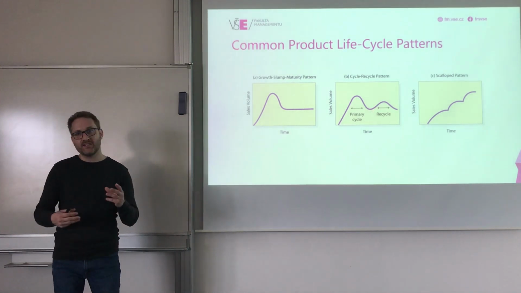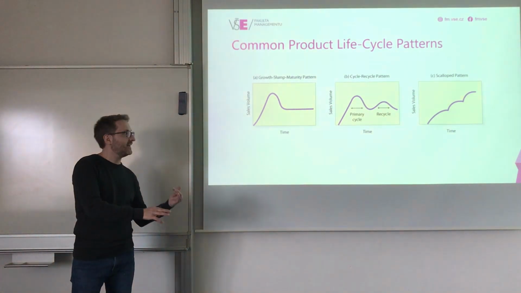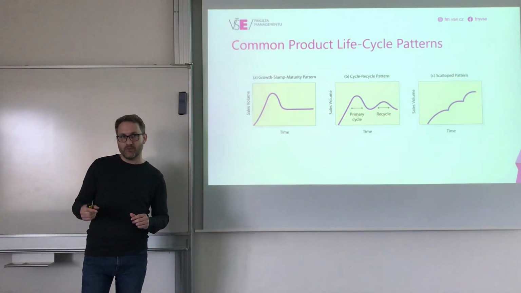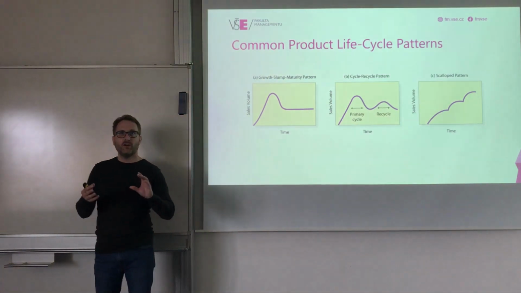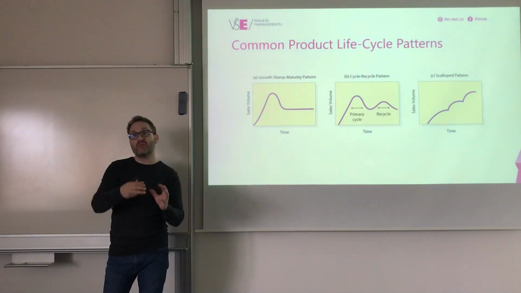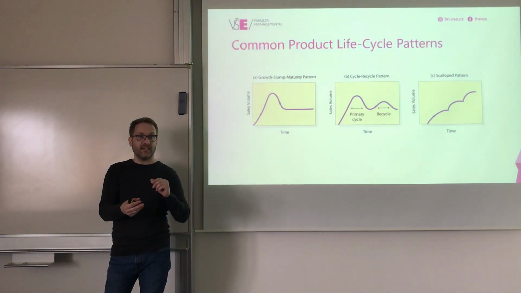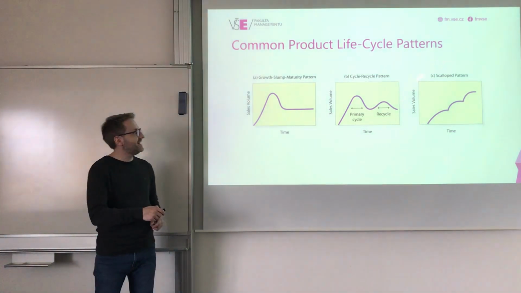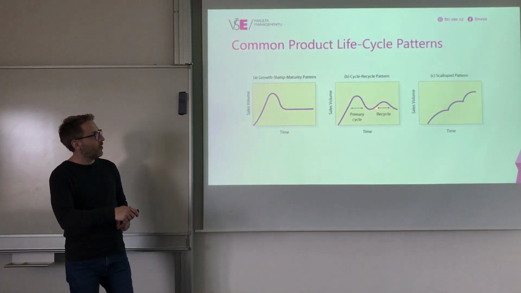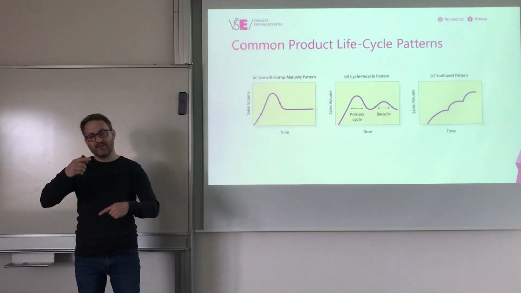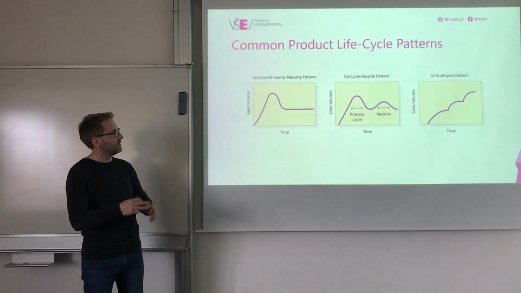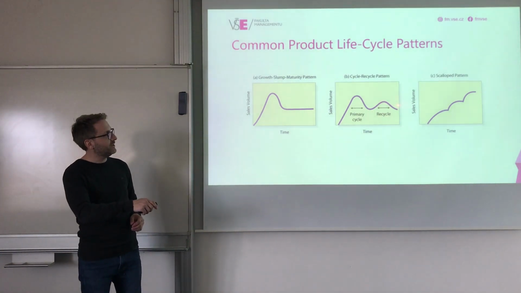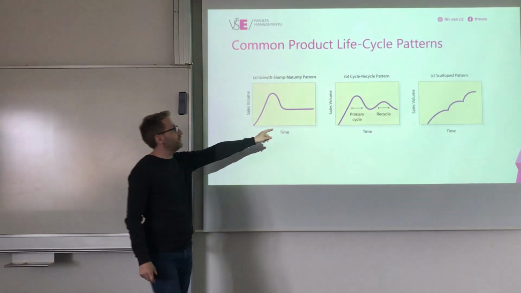And when you realize that your sales are declining, then you can do something we call innovation, which is some kind of remanufacturing or rethinking the product and re-entering the market. And then you can again call consumers to buy it, and you can reshape the curve of the life cycle pattern.